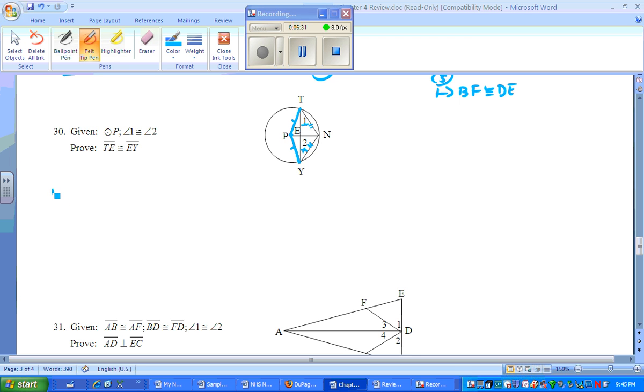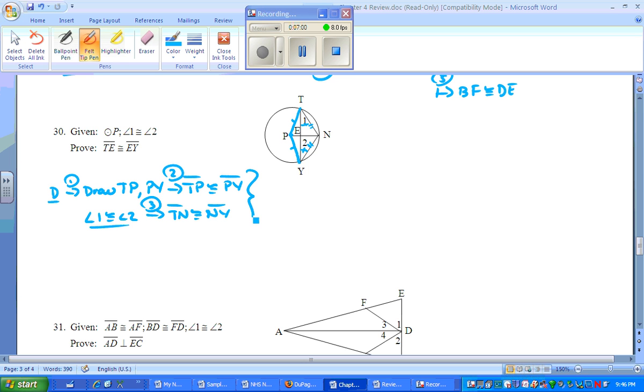So we can say from the diagram, reason 1, we can draw TP and PY. Then we can say that TP is congruent to PY. We also know that angle 1 is congruent to angle 2. That gives us TN congruent to NY.